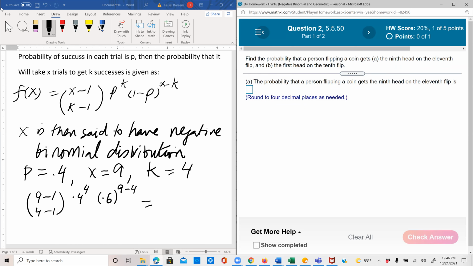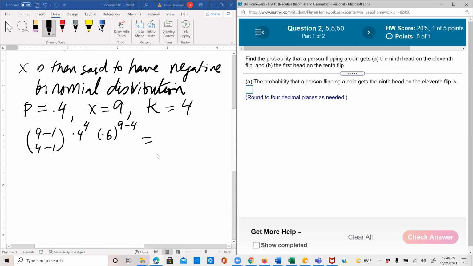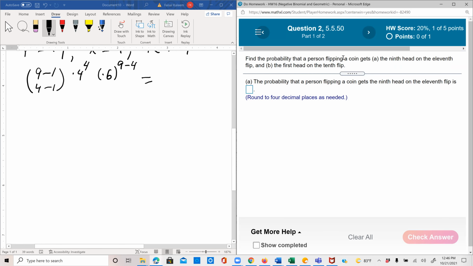Okay, let's look at this one. Find the probability that a person flipping coins gets the 9th head on the 11th flip, and the 1st head on the 10th flip. So in part A, 9th head on the 11th flip, so x is 11.